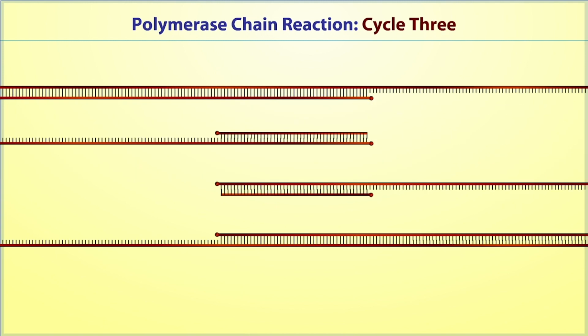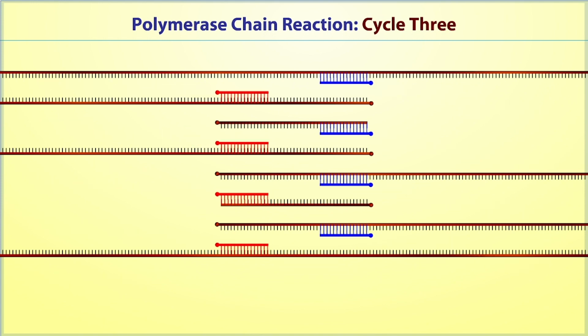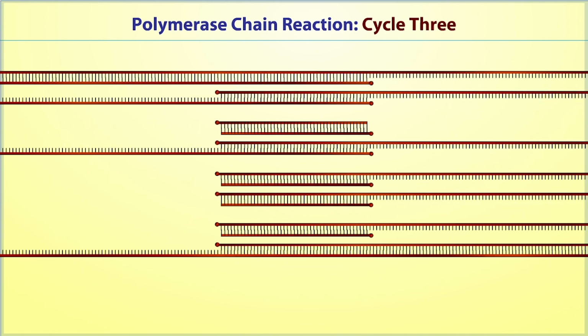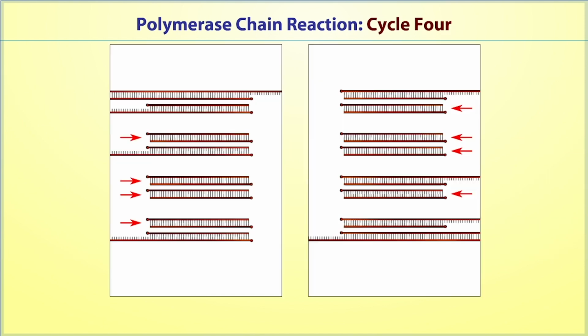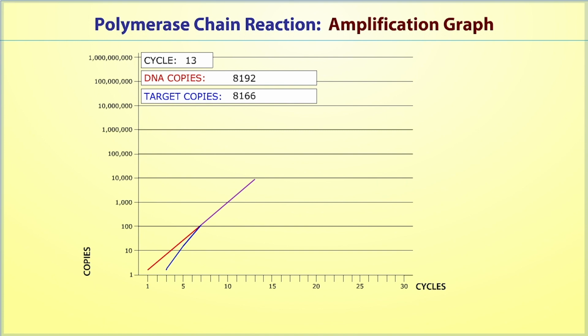Cycle 3. In subsequent cycles, the processes of denaturing, annealing, and extending are repeated to make additional DNA copies. After 3 cycles, the target sequence defined by the primers begins to accumulate. After 30 cycles, as many as 1 billion copies of the target sequence are produced from a single starting molecule.